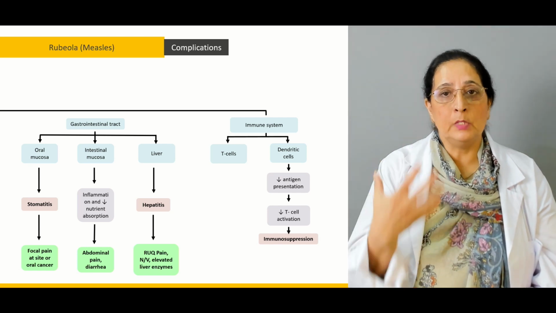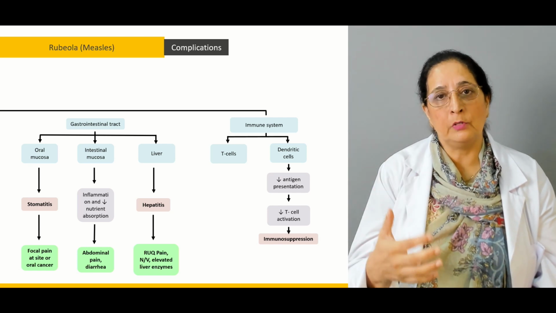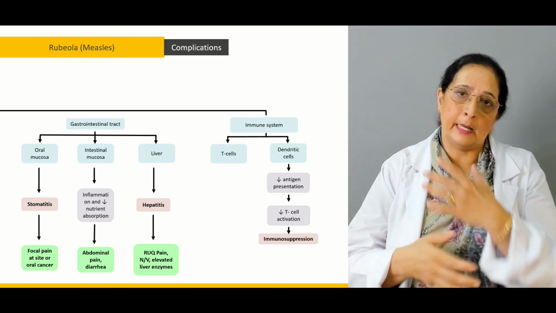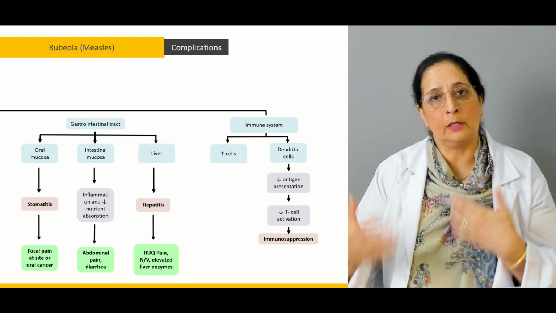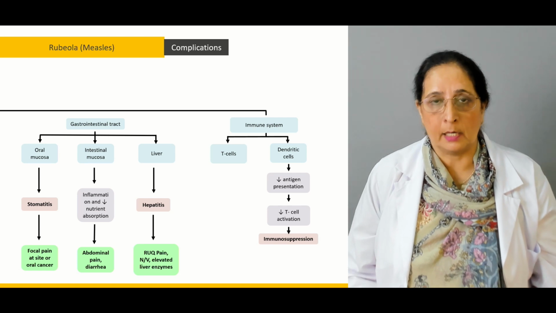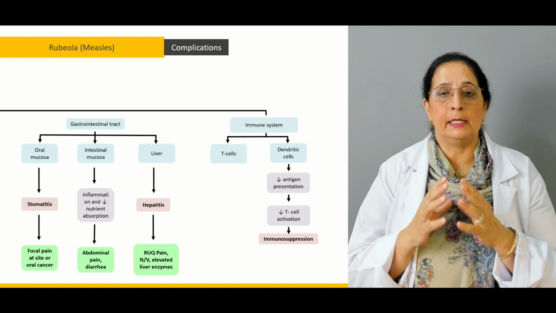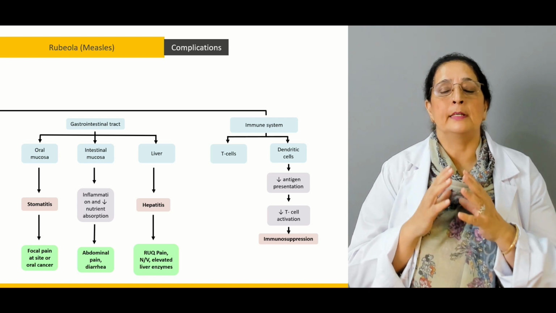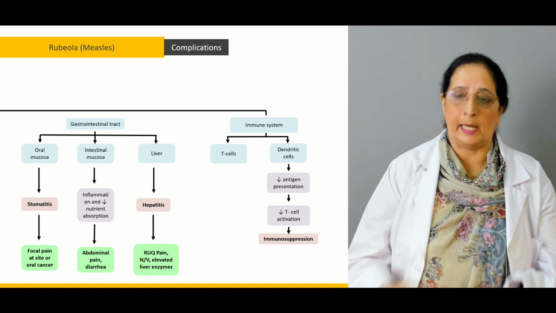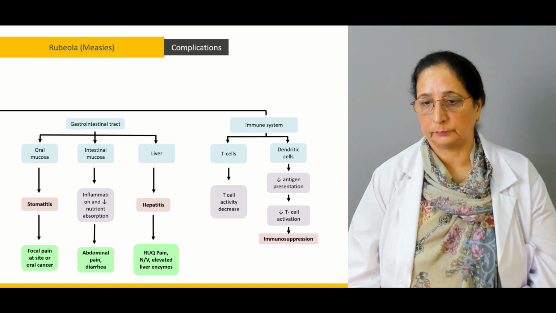And once the immune system is affected, immunosuppression further aggravates the condition, and further complications can occur. So measles can be a serious, life-threatening condition because of the serious complications that can occur.